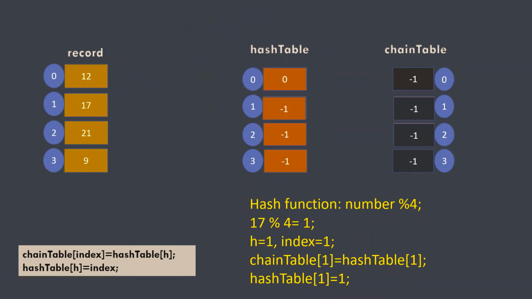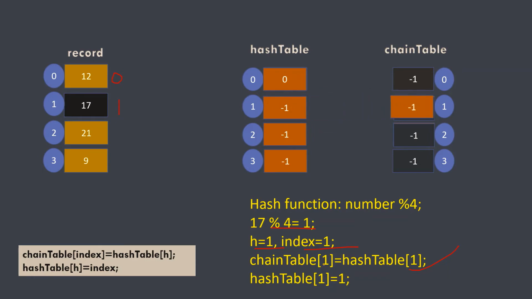We'll go to 17, same procedure. 17 modulo 4 is 1, so our hash value is 1 and the index is 1. Let's again leave this line for now, because 12 has hash value 0 and 17 has hash value 1, so there is no case of collision.